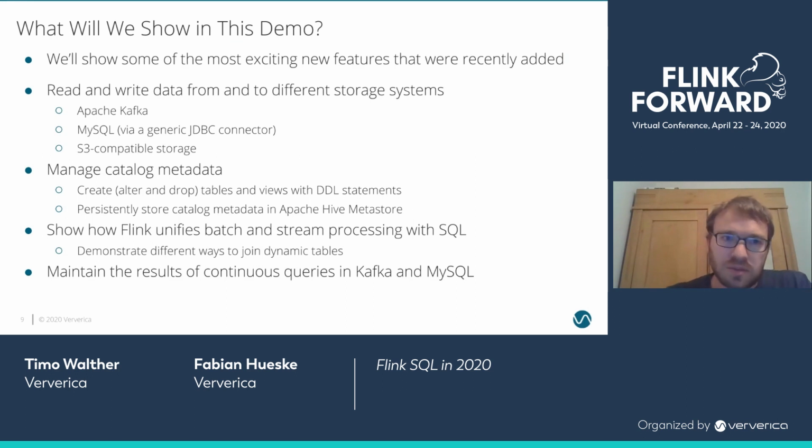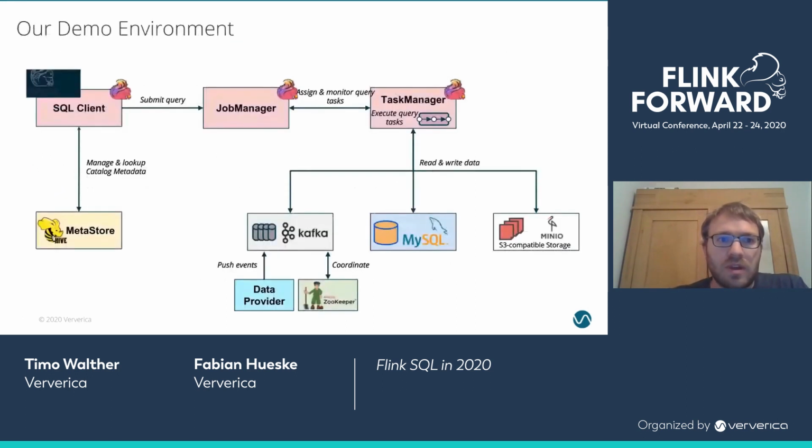So how does our demo environment look like? We have this set up in a Docker Compose environment with quite a bunch of containers. At the top, you basically see we have 3 Flink containers. There's, of course, a job manager and a task manager, which make up the computation part of the Flink cluster.